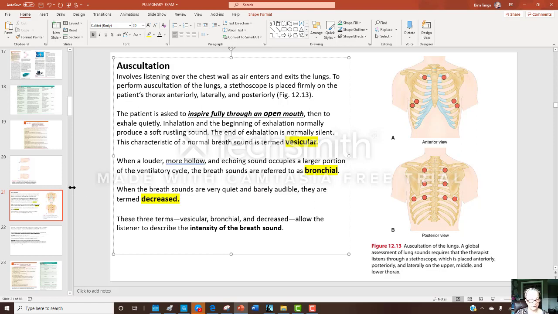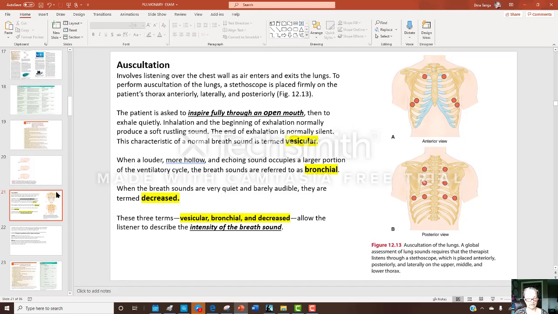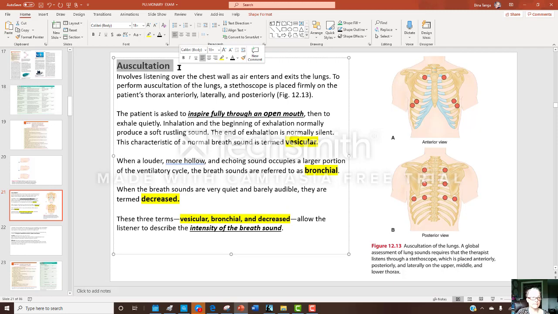These three terms, vesicular, bronchial, and decreased, allow the listener to describe the intensity of the breath sound.